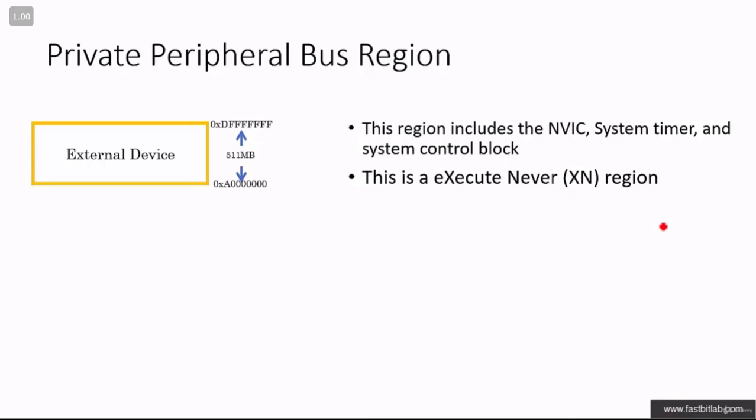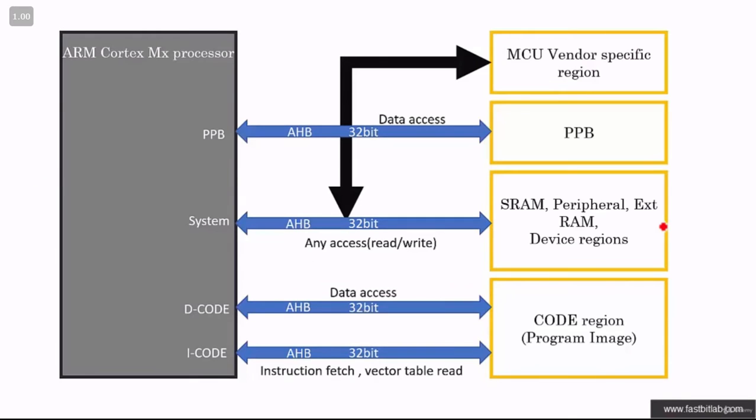All control and configuration registers of ARM Cortex-M processor will be part of this private peripheral bus region. That's how the ARM Cortex-M processor communicates with memories and peripherals of the microcontroller.